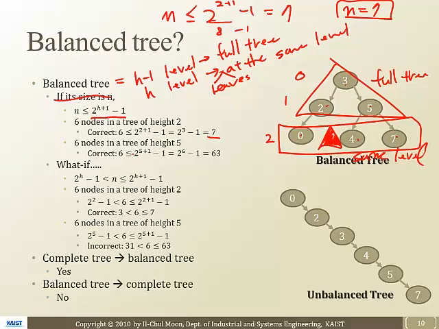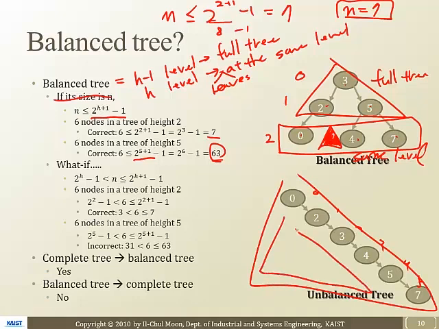At the same time, if we have a tree of height 0, 1, 2, 3, 4, 5, then we can store up to what? 63 nodes, and here this space is 63 minus 6, which is 57, right? 57 nodes are not used.